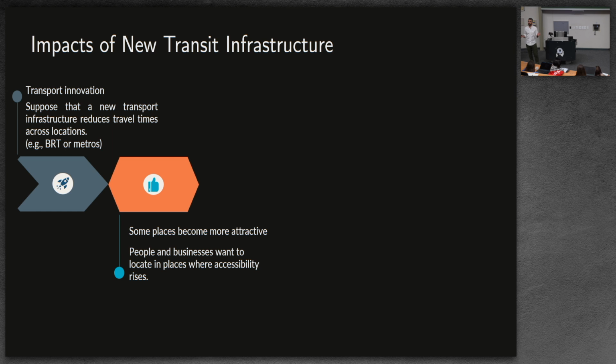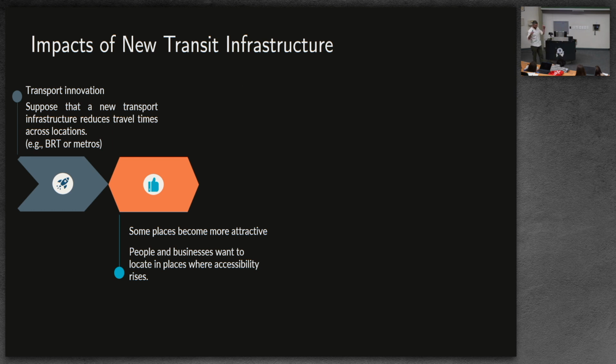The firms don't want to go there with the current infrastructure because it would be too hard to persuade workers to travel maybe 2 hours a day to get there. But if you build a highway or a BRT and make it easier for people to get there, then maybe firms find it more attractive to locate in those places. And you see that in the data: many cases of highways or infrastructure being built and firms moving to those places, as well as workers.